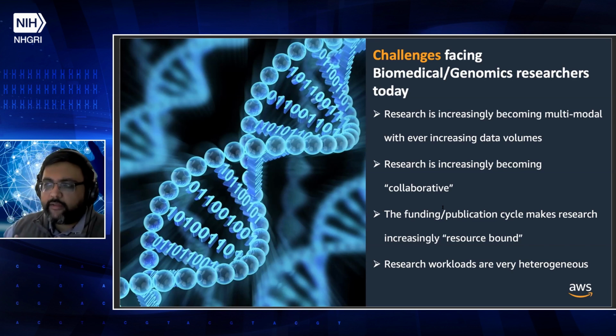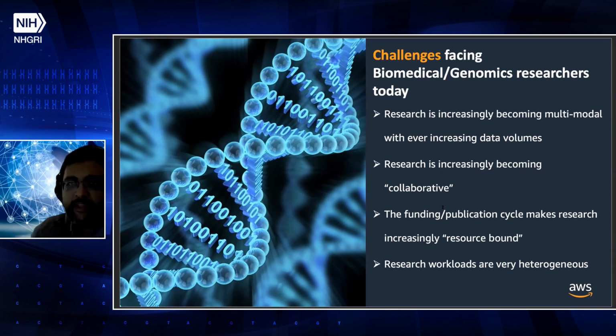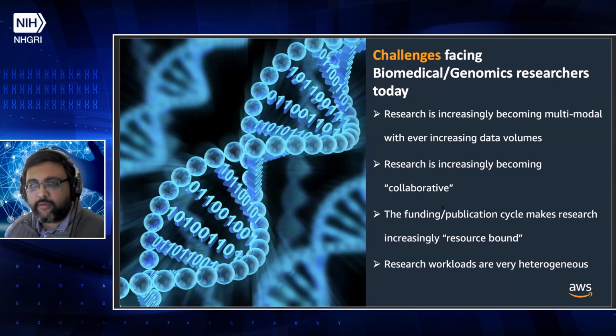The way research is done today in our academic centers and research institutes, it's largely funded through various funding agencies, and that funding and publication cycle that all of us are familiar with makes research increasingly resource bound. Come that deadline for a particular conference, everybody's looking to try to get on the cluster.